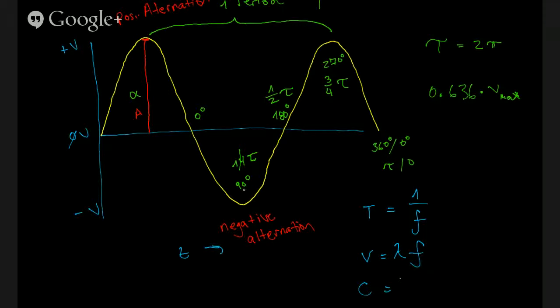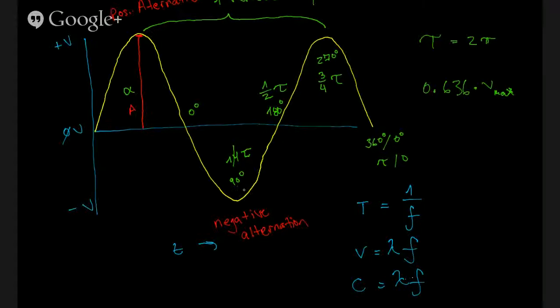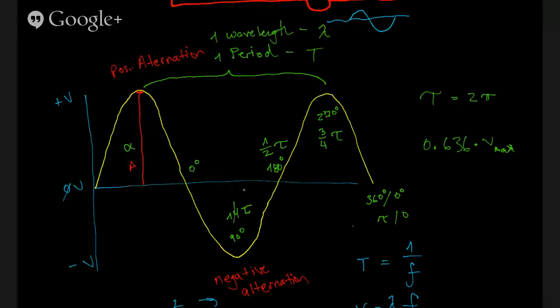So D equals lambda f. And this is true of radio waves as well. Radio waves in a vacuum travel at the speed of light, which is wavelength times frequency.